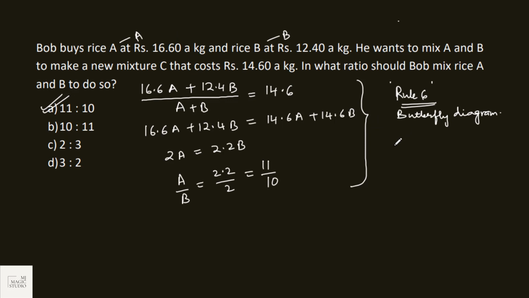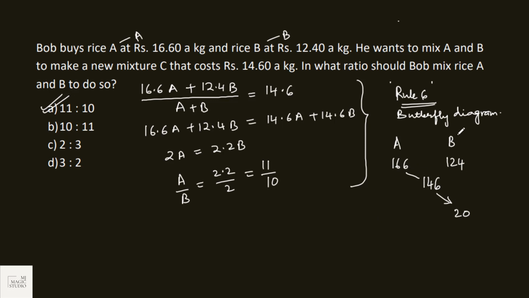We have got 16.6 price of rice A. Let me write this as 166. Price of rice B is 124. And the overall price of the new mixture C is 14.6, that is 146. I am writing in the center. Now, 166 minus 146 is 20.